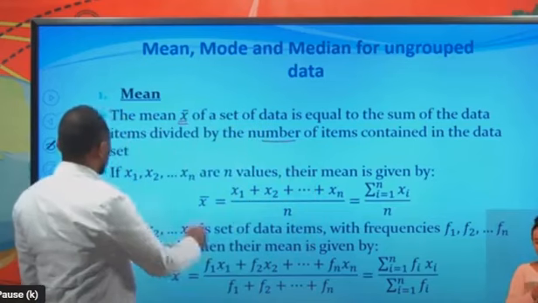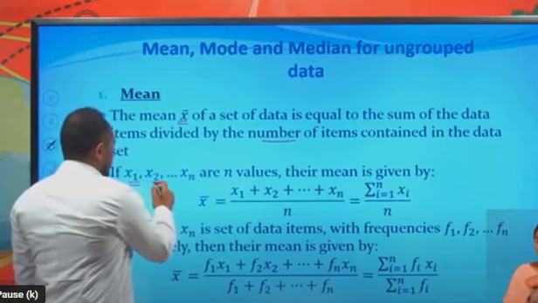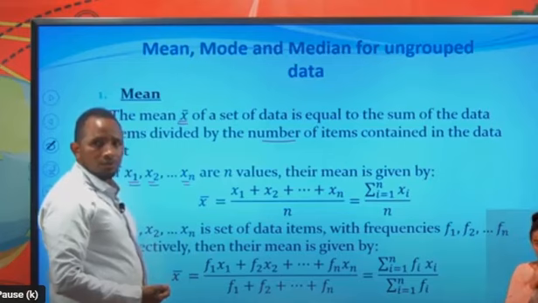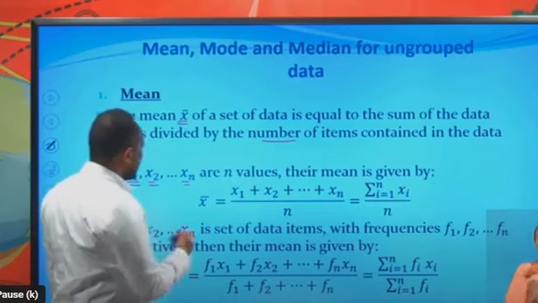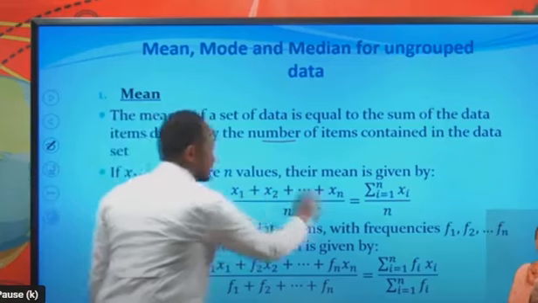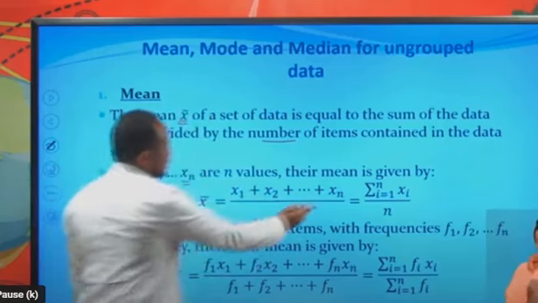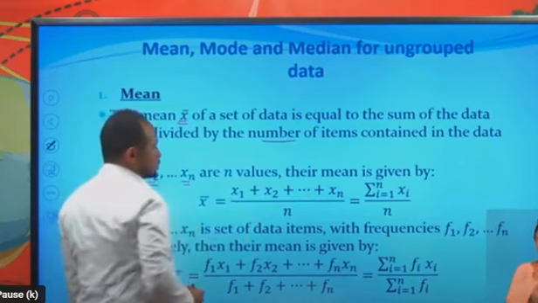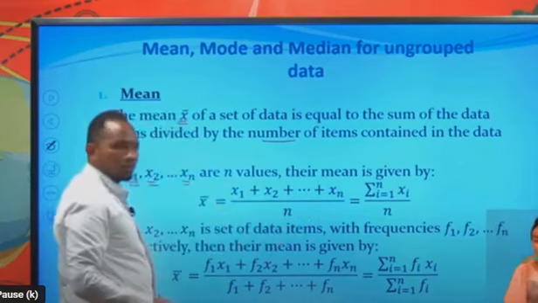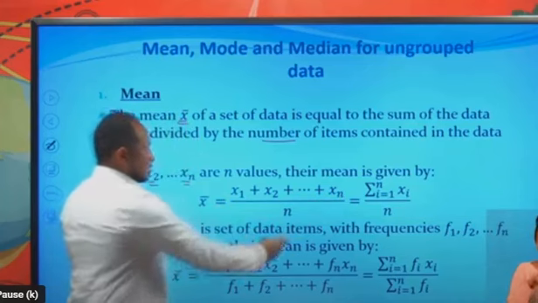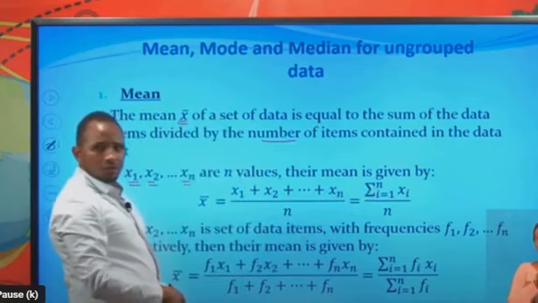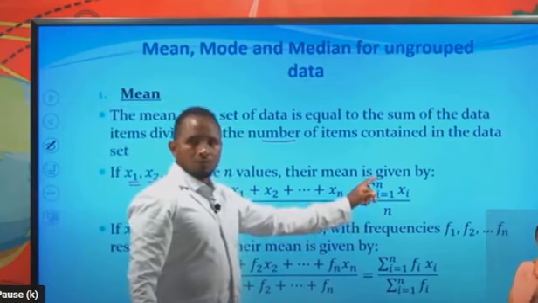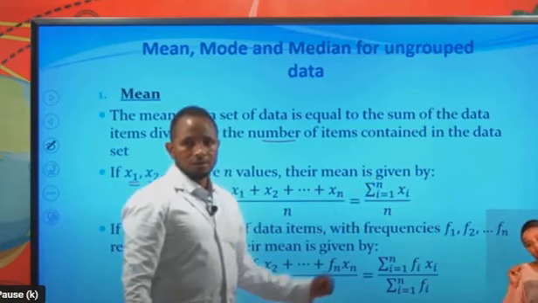For example, if you have these numbers x1, x2 up to xn, to find their arithmetic mean, simply you add the terms and you divide by the total number of the data. So here, x1 plus x2 plus up to xn divided by the total number of data, n, or you can write this using summation notation in this form: the summation of xi, where i starts from 1 up to n, divided by n.